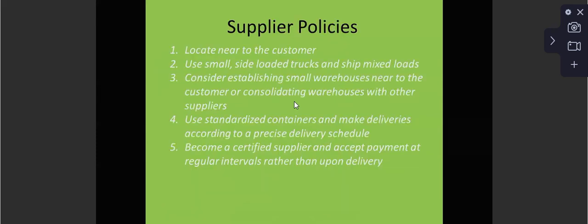Under the supplier policy, the supplier needs to locate near the customer, use small side-loaded trucks and ship mixed loads, and consider establishing a small warehouse near the customer or consolidating a warehouse with other suppliers if the supplier is abroad. Use standardized containers, make delivery according to a precise delivery schedule, and become a certified supplier which accepts payment at regular intervals rather than upon delivery.